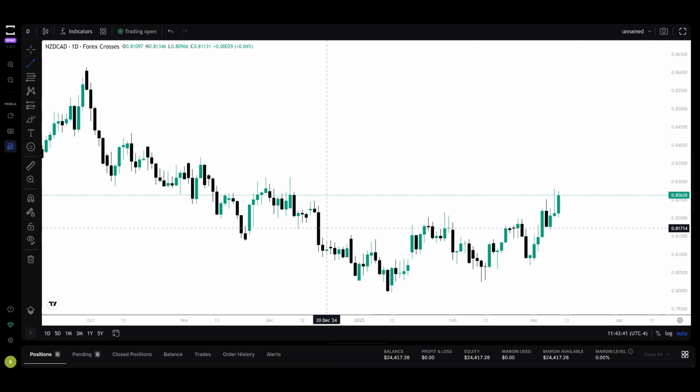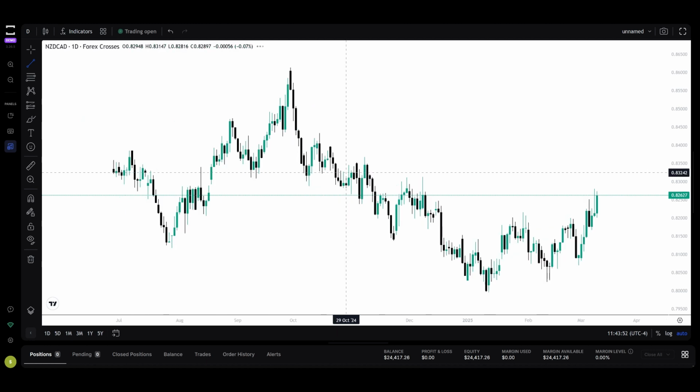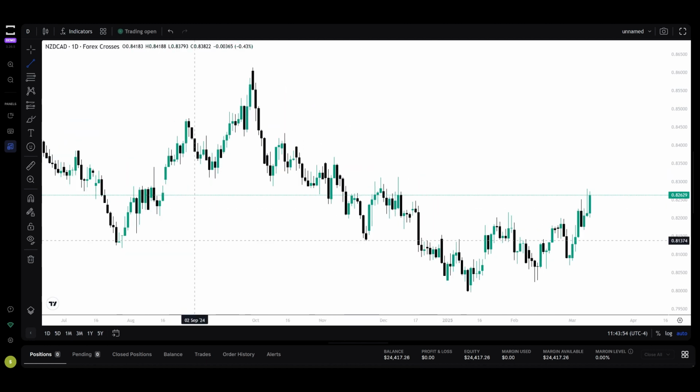Okay, so what we have here is the chart for New Zealand dollar, Canadian dollar, and this is the daily chart. If we zoom out a bit, we can see this price action, and we can see here for a while we had been in a quote unquote downtrend.